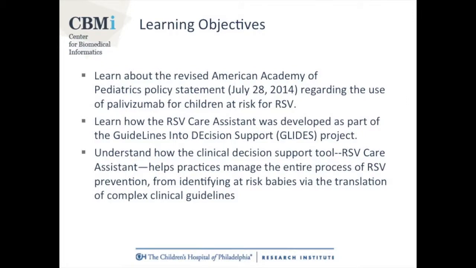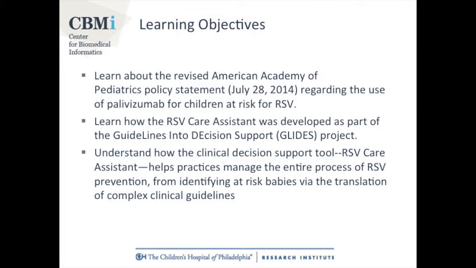So our learning objectives today, we want to focus on a review of the revised American Academy of Pediatrics policy statement from July 28, 2014, regarding the use of palivizumab for children who are at risk for RSV, or respiratory syncytial virus.